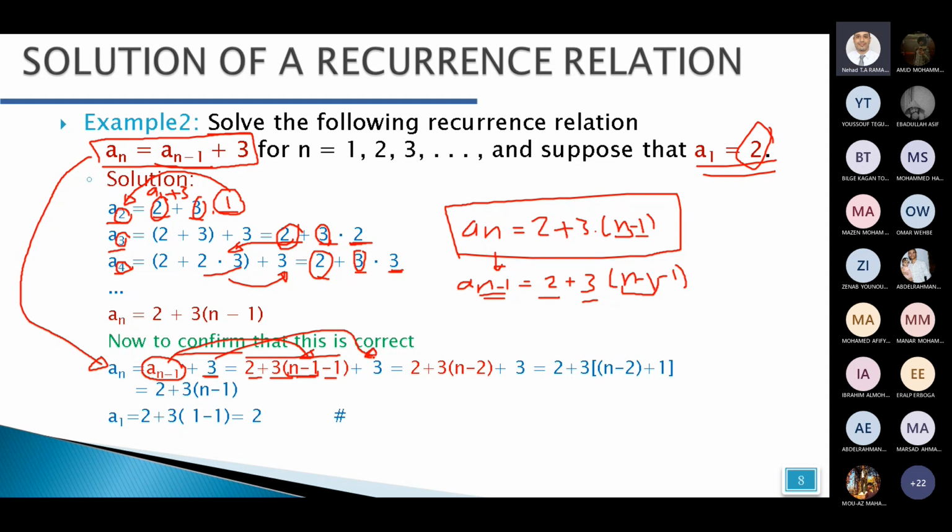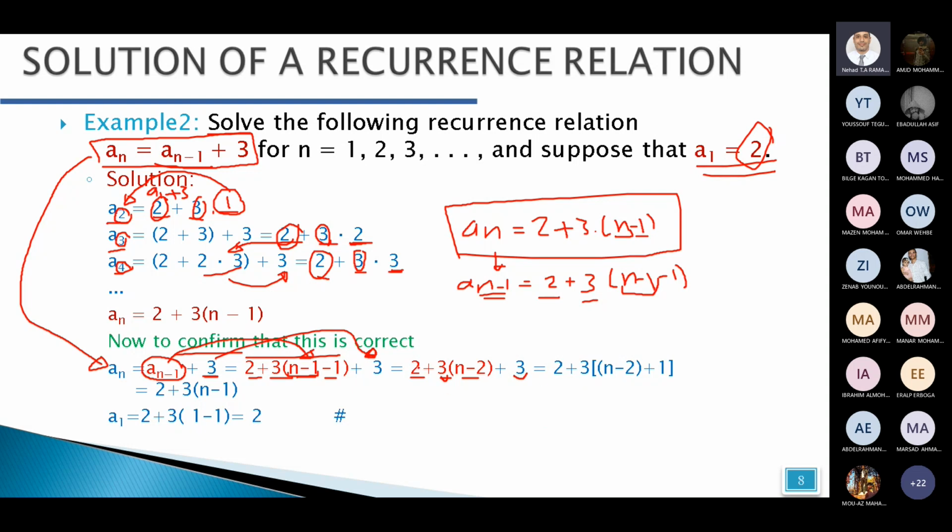Now try to just reorganize. It's equal to 2 plus 3 multiplied by (n minus 2) plus 3. Just take the 3 from here and here as a common factor.